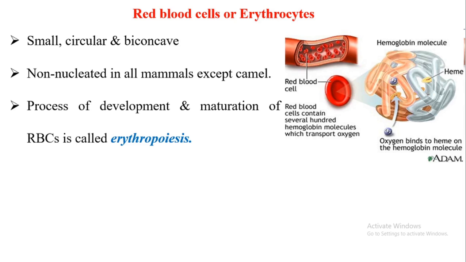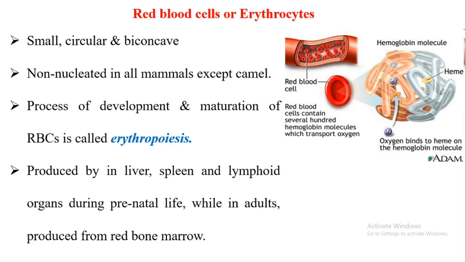The hemopoietic organs which produce RBCs are the liver, spleen and lymphoid organs, and these organs produce RBCs during prenatal life, while in adults the RBCs are produced from red bone marrow cells.